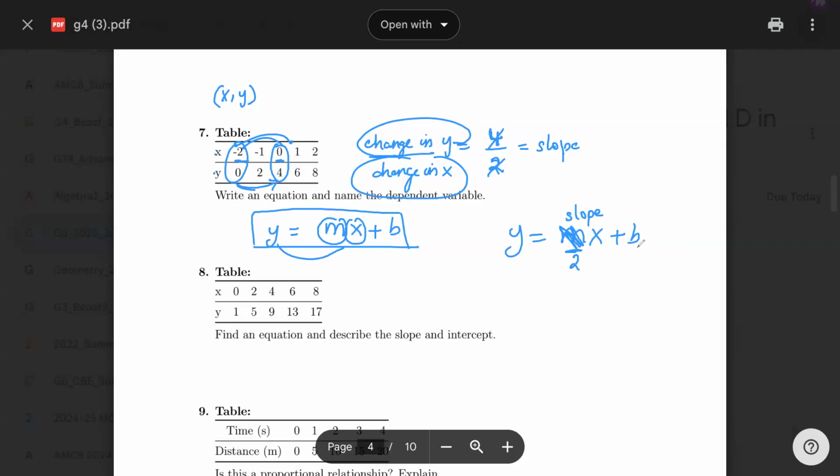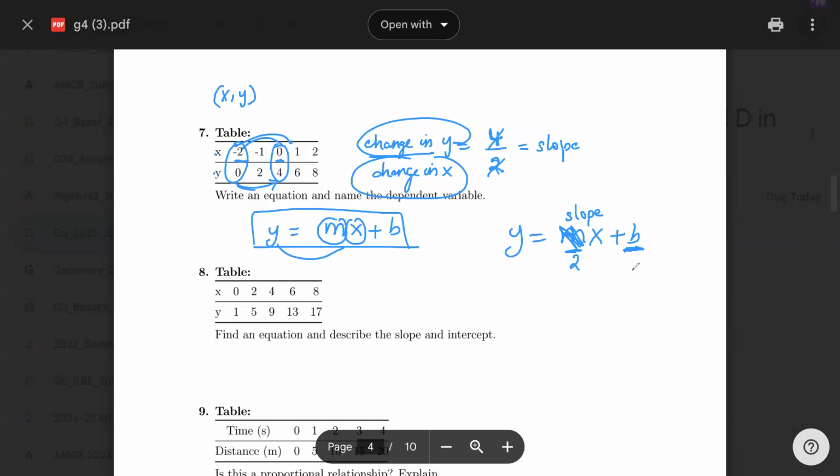After that, what is this number b? This number b is the y value when x value is 0. So what is that number, Kanishka? What is the value of y when x value is 0?